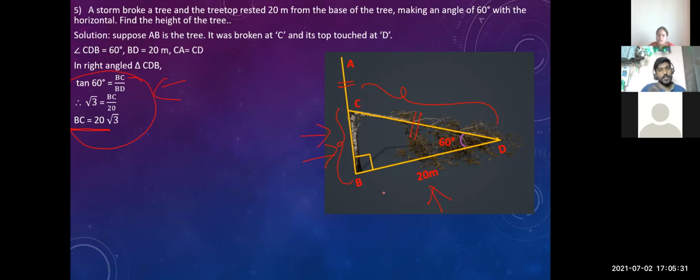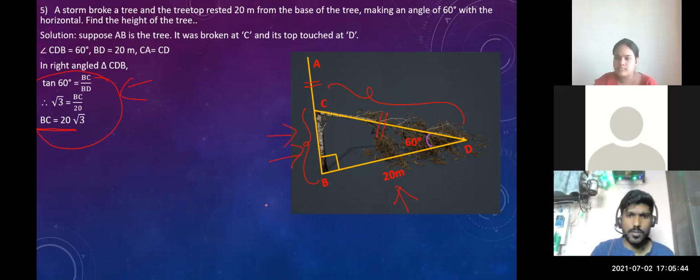Once you get the length of BC, you think of some ratio that will give you the hypotenuse. Pythagoras theorem, yes, that will give you the answer. So I can use that, even in the exam? Yes, you can.